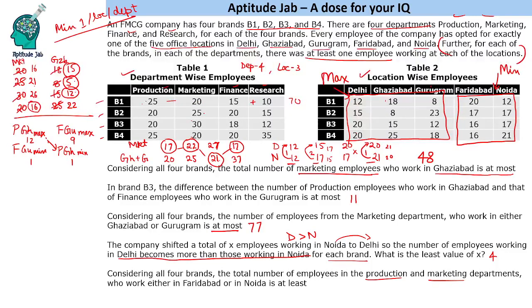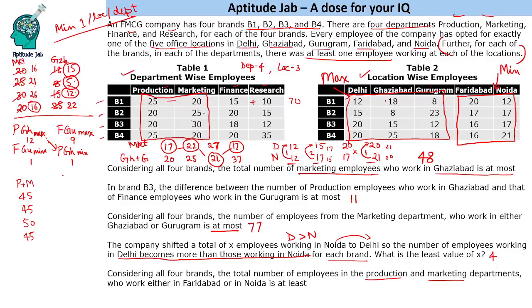All right, so let us formulate this table. So let us understand that we have production plus marketing. We have 45 employees, 45 employees, 50 employees and 45 employees.